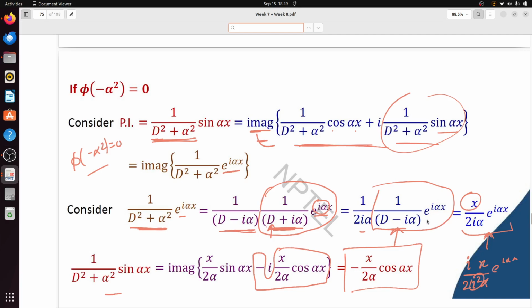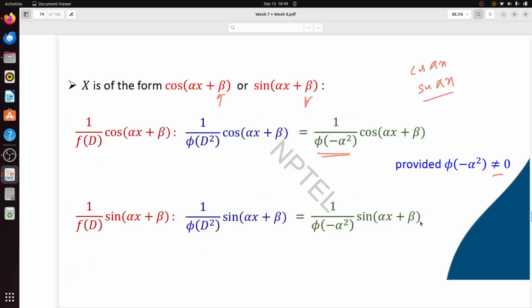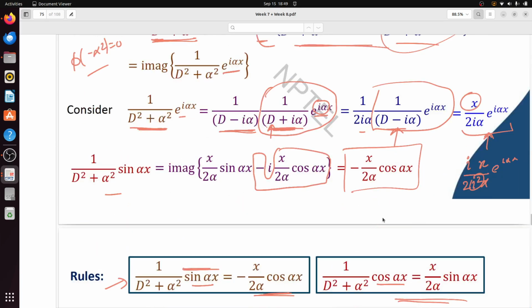So how we will solve this? This means that this has (D minus i alpha) to the power r with r equal to 1. So that will be x to the power r by r factorial, that will be 1 factorial, so x into e to the power i alpha x. Now if you expand this, e to the power i alpha x, you will get cos alpha x plus i sin alpha x.